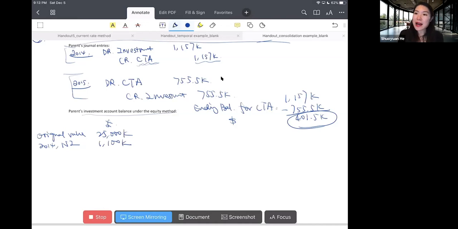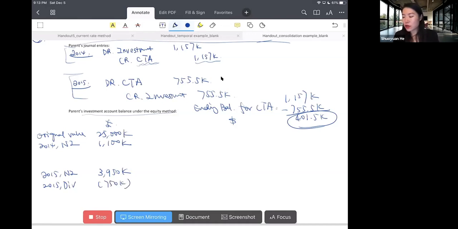The firm doesn't have any dividend during the year. And then 2015 net income is 3.95 million, and 2015 dividend is 750,000.